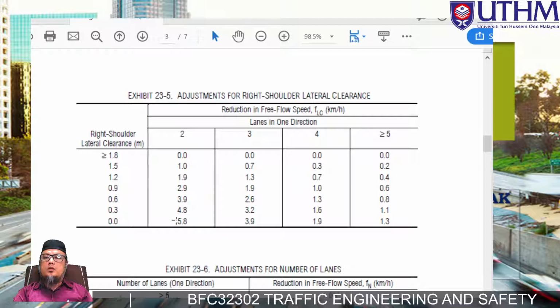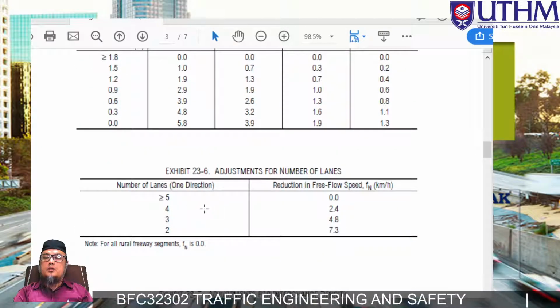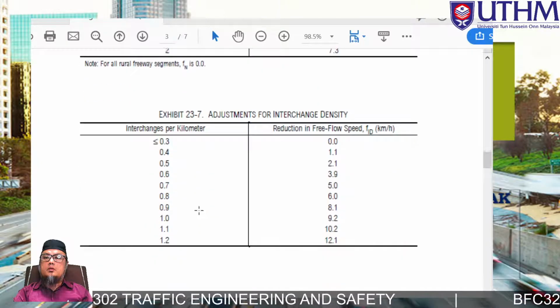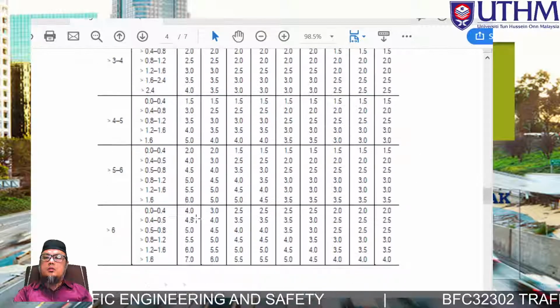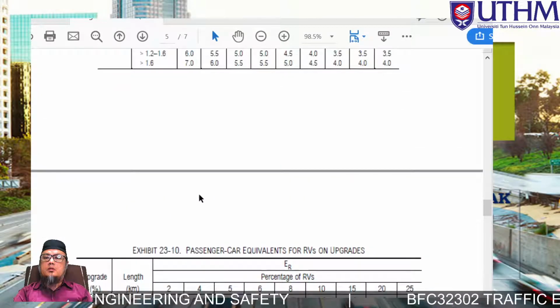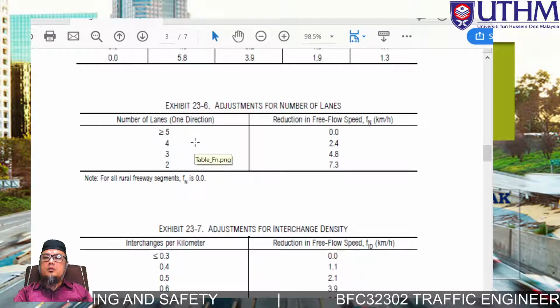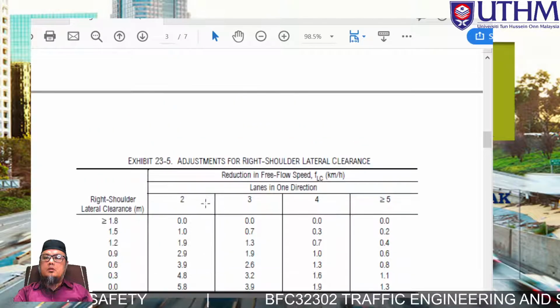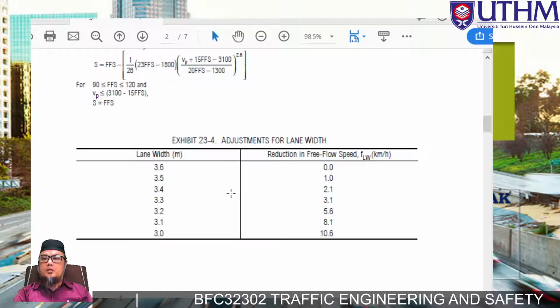Lane width, lateral clearance, number of lanes per direction, lane width factor.